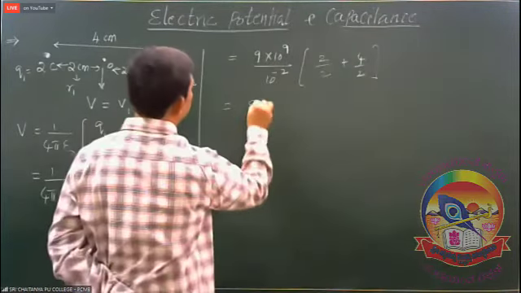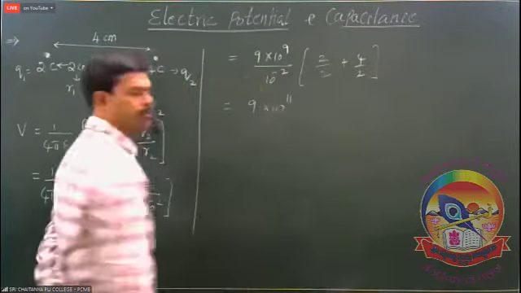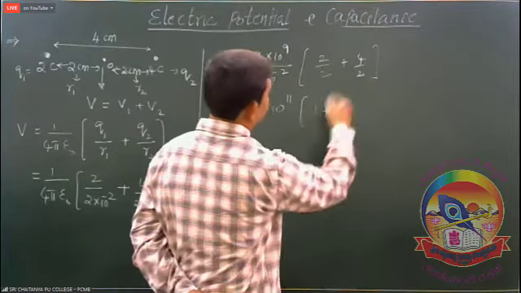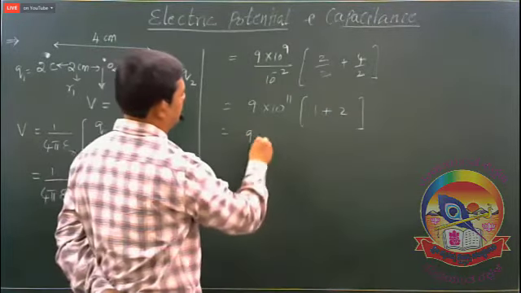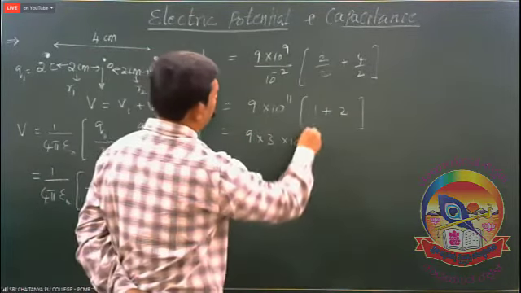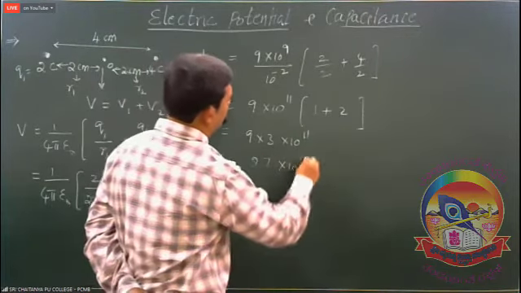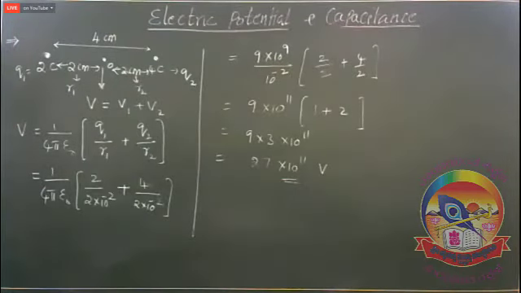So this is 9 into 10 power 11, since minus 2 goes up as plus 11. 9 into 10 power 11 times (1 plus 2), which is 9 into 3 into 10 power 11, that is 27 into 10 power 11 volt. This is the way.